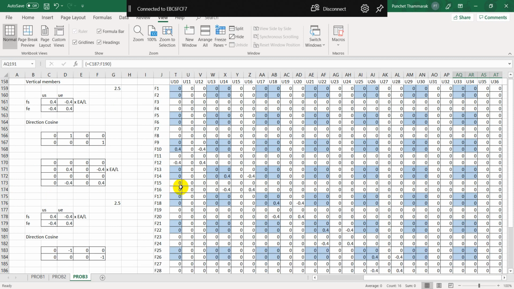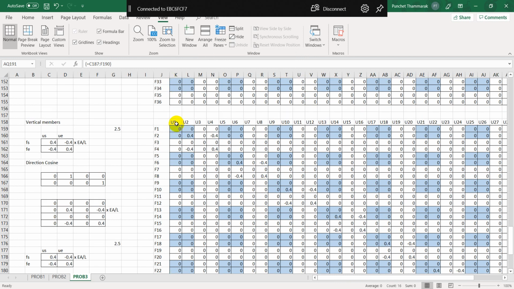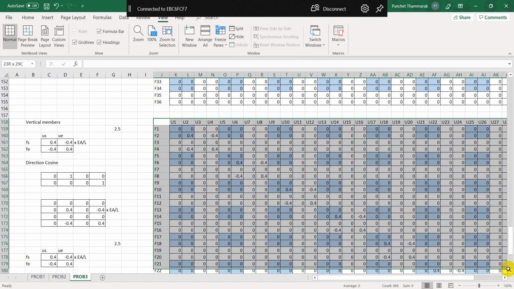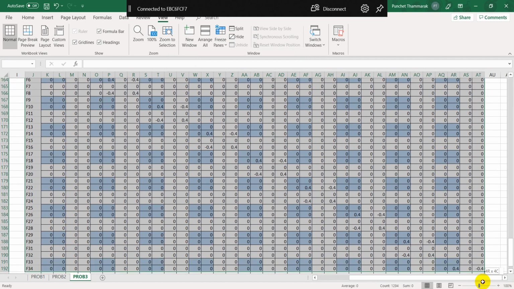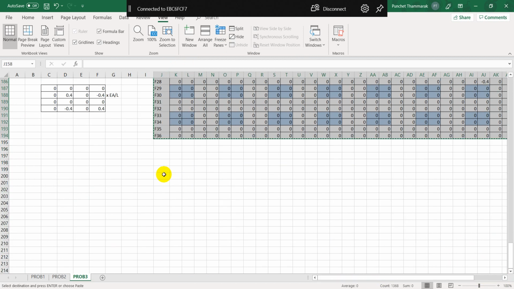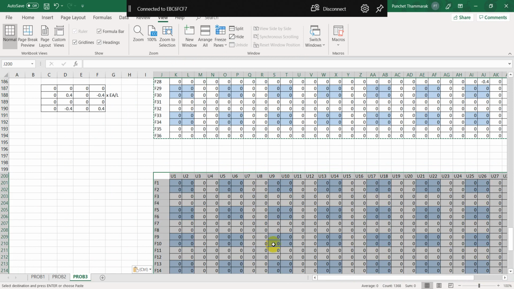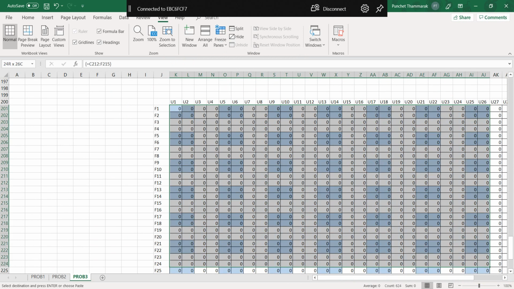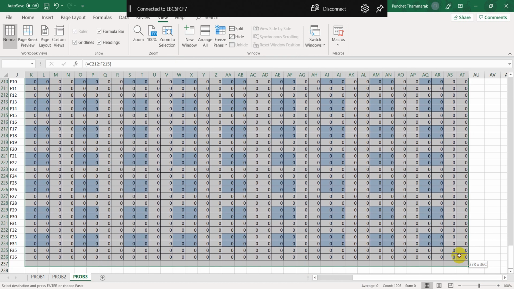Okay, we finished the stiffness matrix plugging in process. We are going to move forward to the system stiffness matrix.